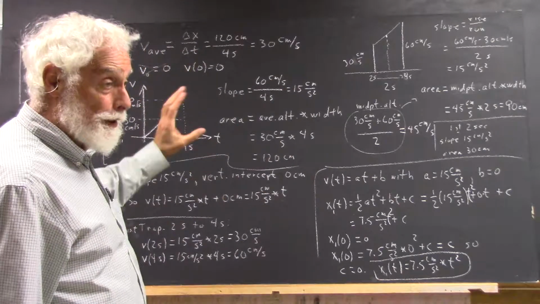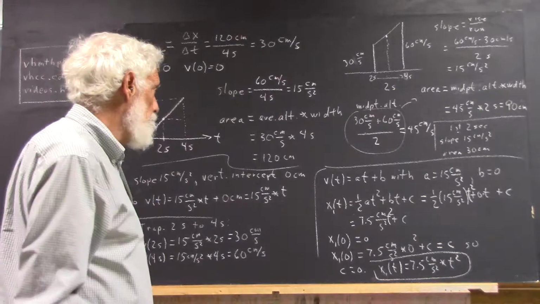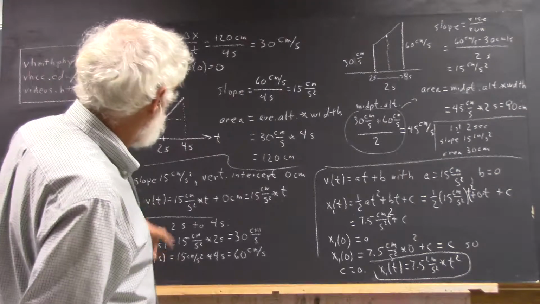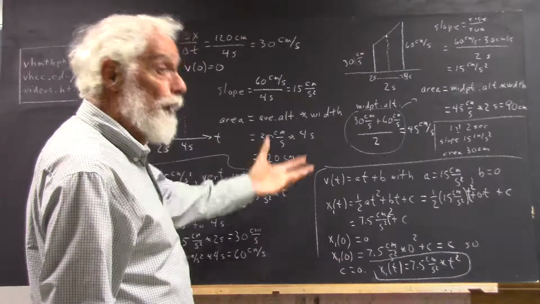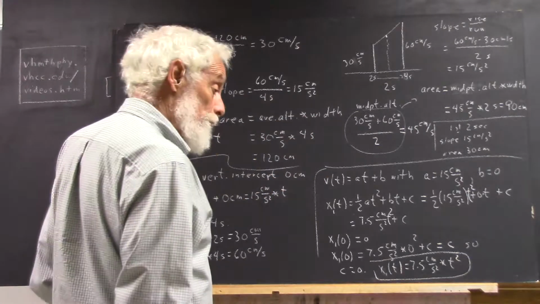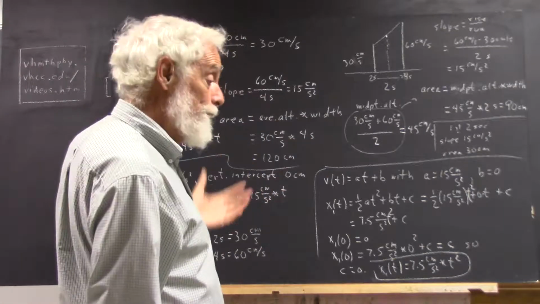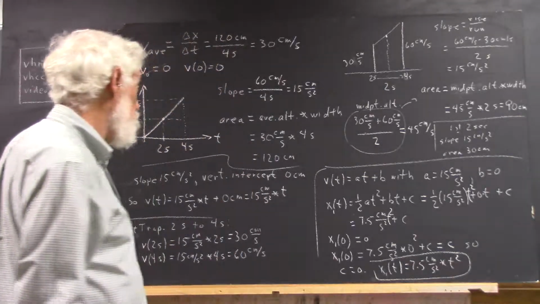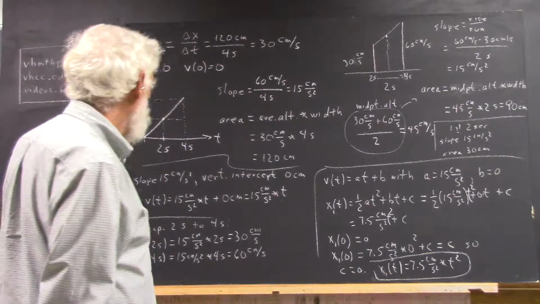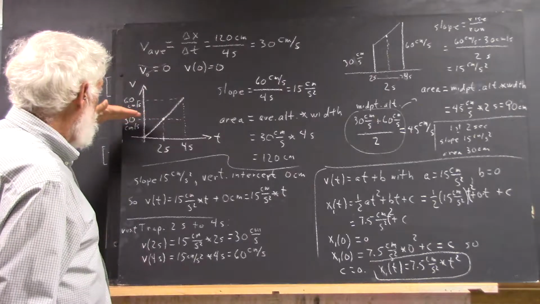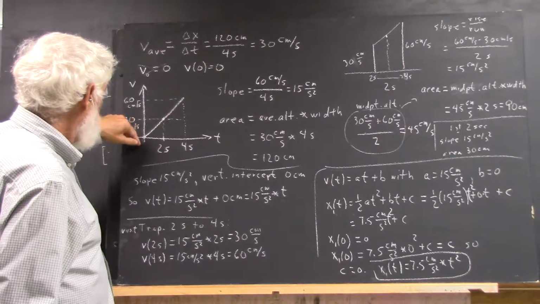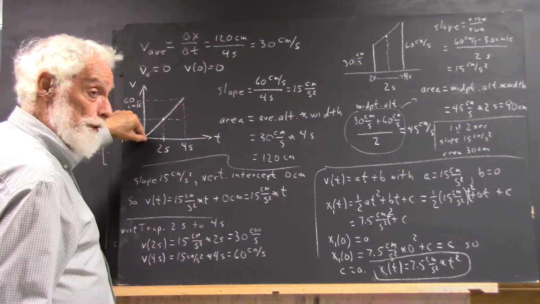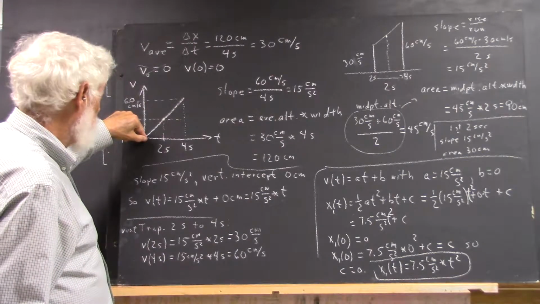You divide that, you get 15 centimeters per second squared. Now that is what we call acceleration, but we're not really using that term right now. The area is the average altitude times the width. This goes back to the definition of average value as the integral divided by the length of the interval, also to the fact that you can construct easily a rectangle whose area is equal to that of this region.